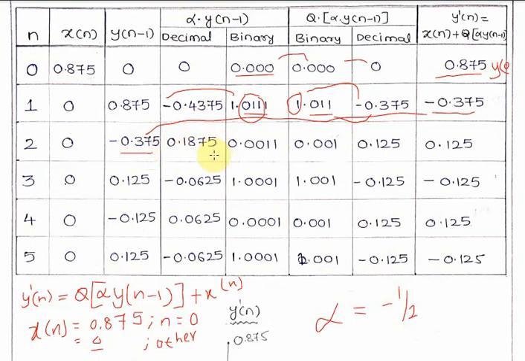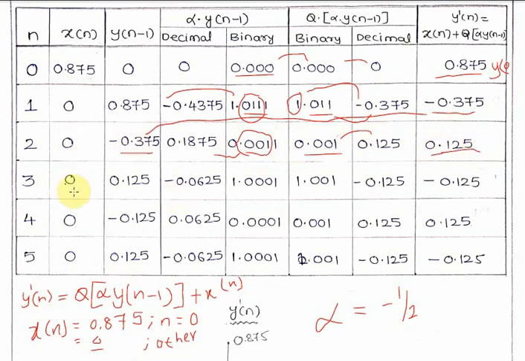The binary equivalent for this decimal number is 0.0011. Now we need to quantize this number to 3 bits, 0.001. The decimal equivalent for this number is 0.125. If we add 0.125 with input 0, we get 0.125.